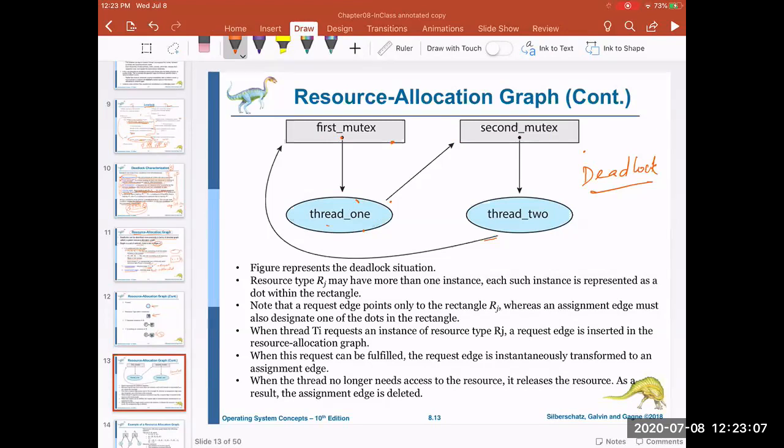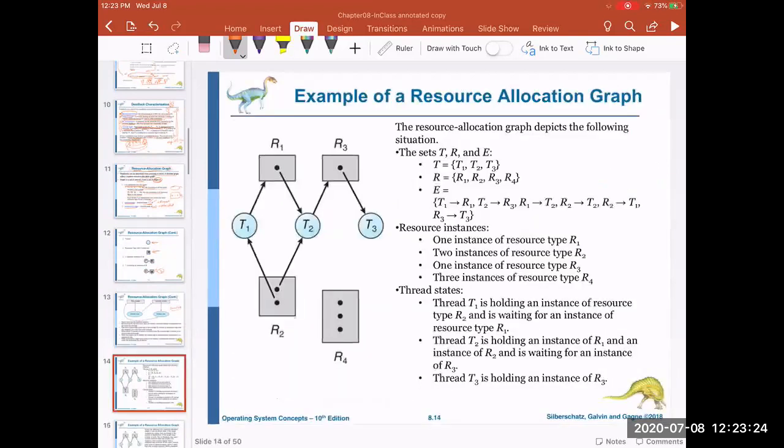We would modify this situation, because if there is more than one instance, it may or may not be a deadlock. But if there is only one instance, then a cycle is surely a deadlock condition. Okay, so now let's move to this situation.